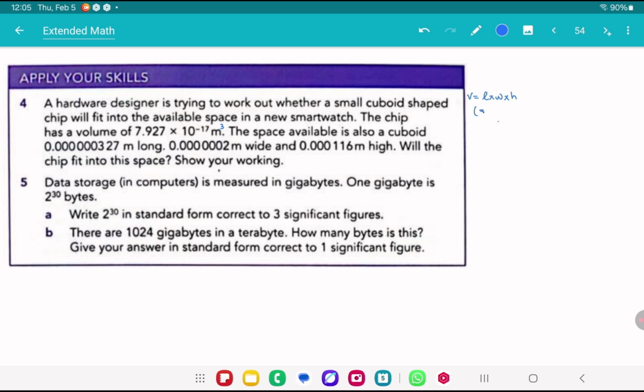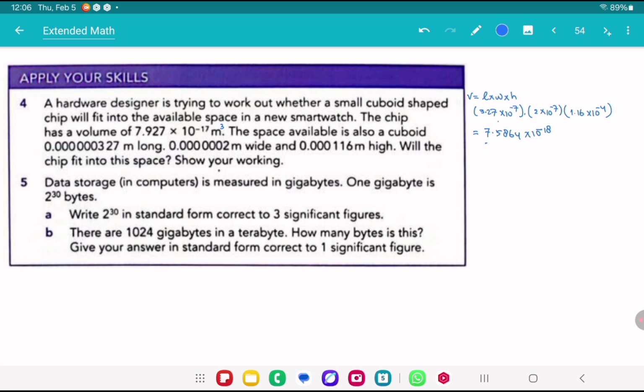For the length 3.27 times 10 to the power of minus 7, multiplied by the width 2 multiplied by 10 to the power of minus 7, and the height 1.16 times 10 to the power of minus 4, we get the answer 7.5864 and 10 to the power of minus 18.